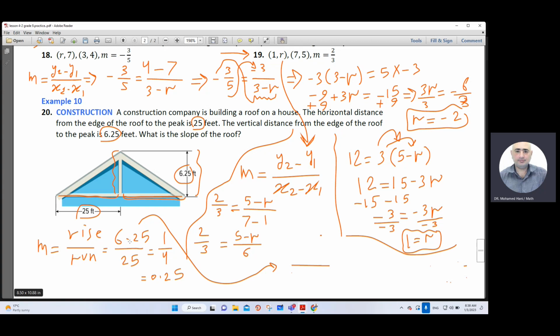How to write as a fraction? 625 over 100. Why? Because the decimal after 2 digits. So we can write 625 over 100. And down we have 25.